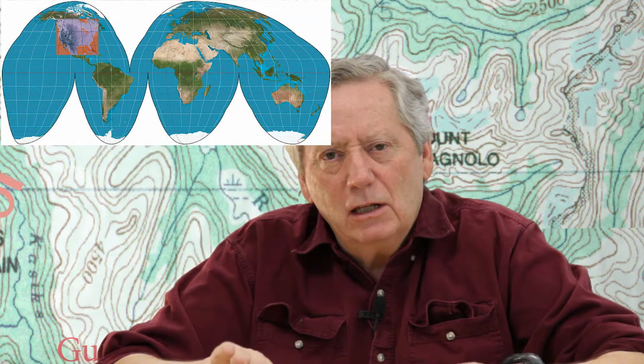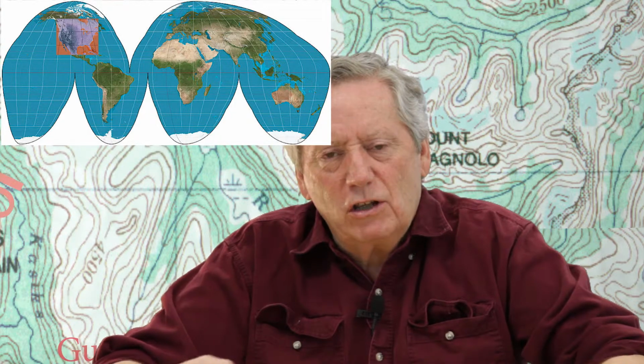And as a result, countries like Canada look somewhat triangular because you've had to fill in that empty space on the orange by stretching everything in between. Where the orange was, you stretch that. That creates a whole new map projection called a Mercator projection.